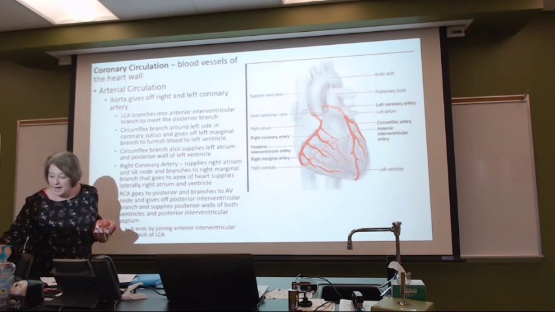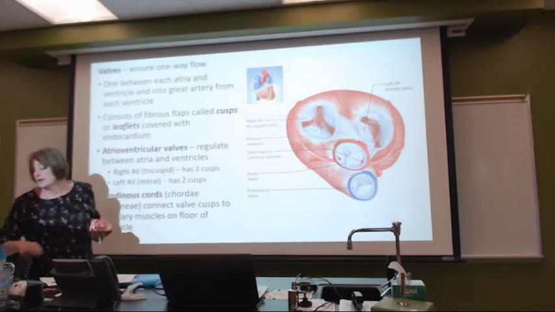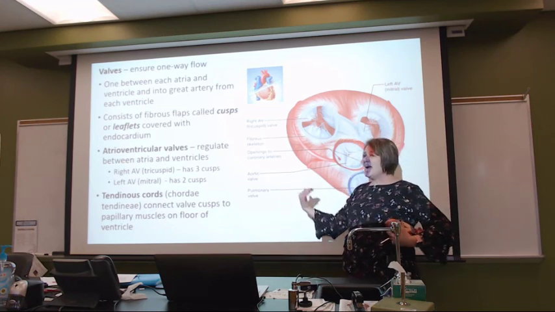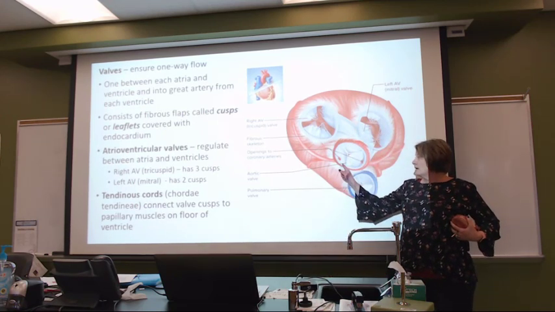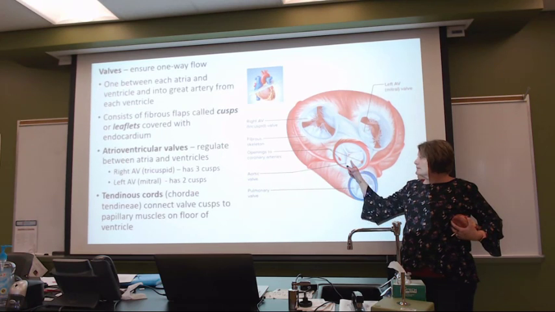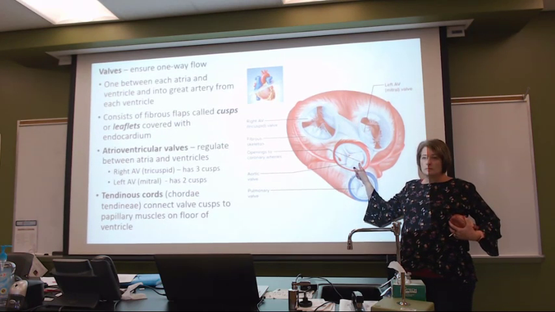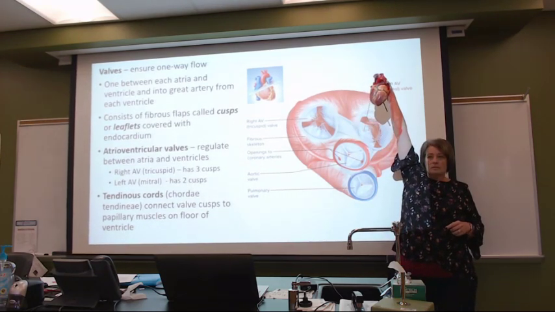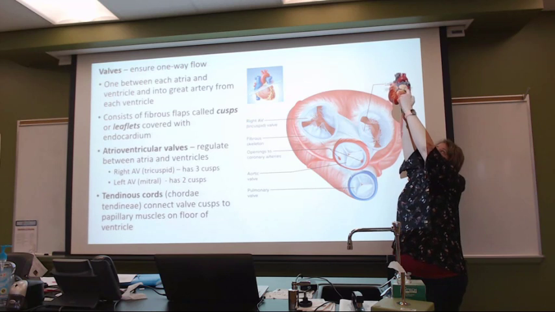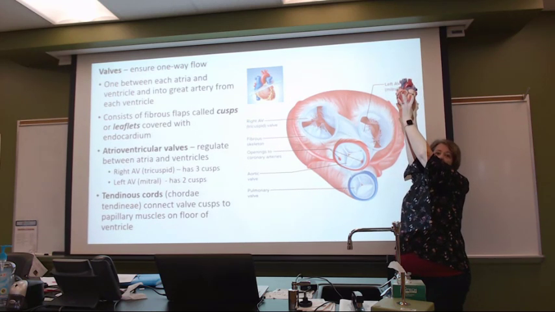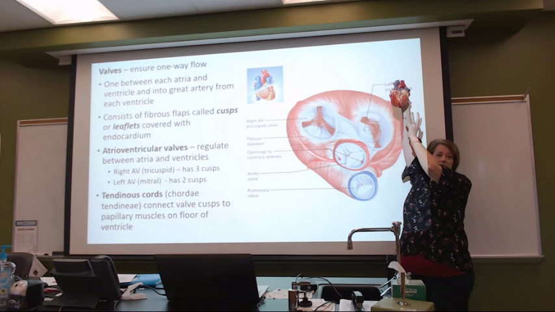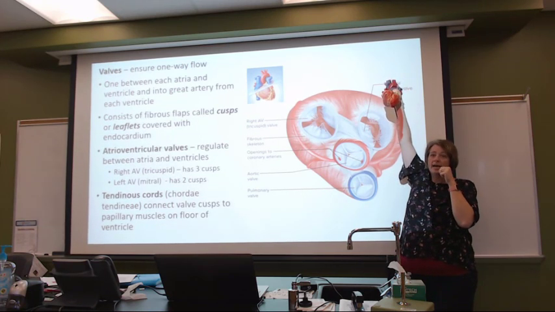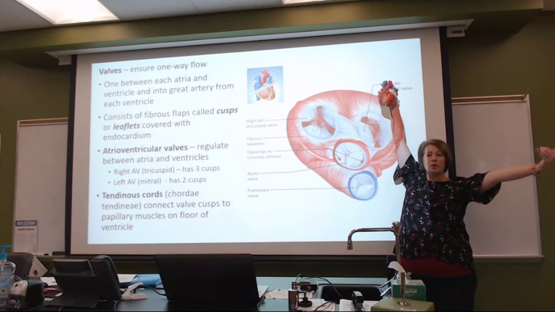So if I look back at my cusps, my valves, right here, I have arteries that are going around, down, feeding this organ. So it has to have blood supply from somewhere.